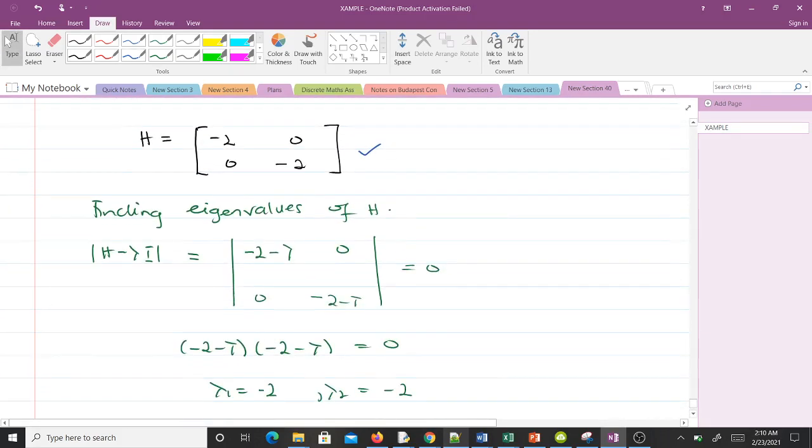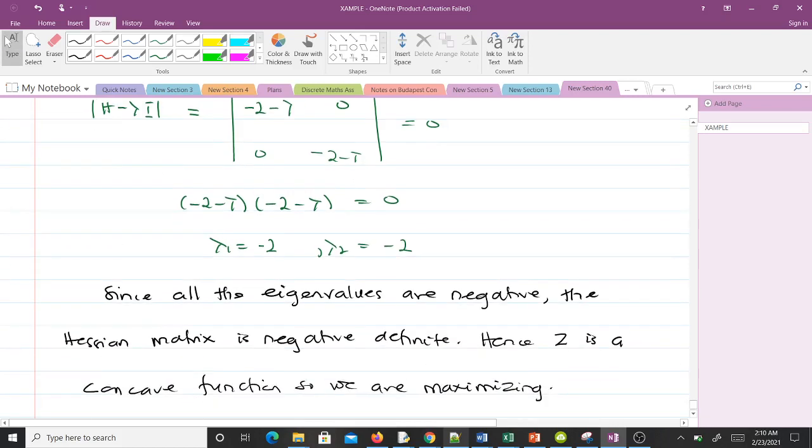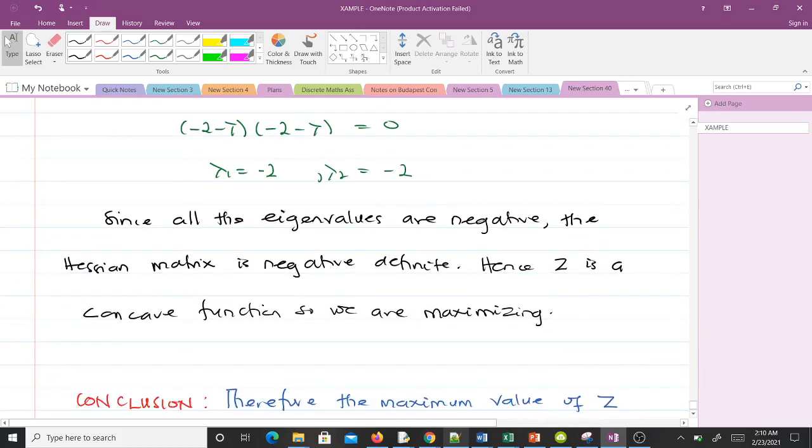Finding the eigenvalues is going to give us -2, -2. Since all our eigenvalues are negative, it implies that our Hessian matrix is negative definite. Hence, Z, our function, is a concave function.